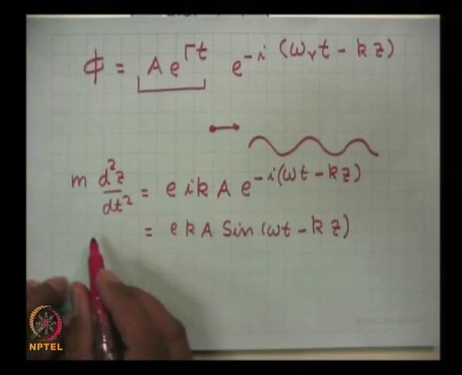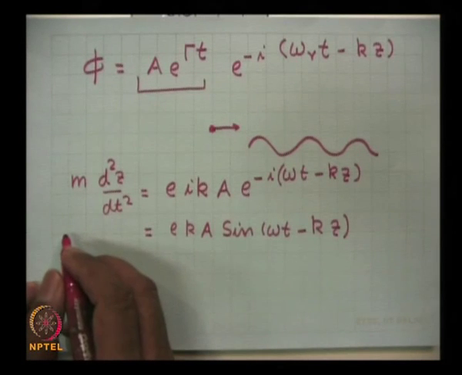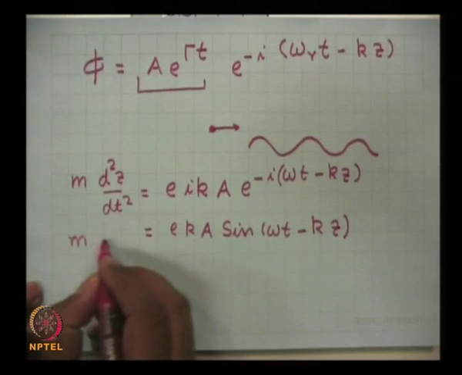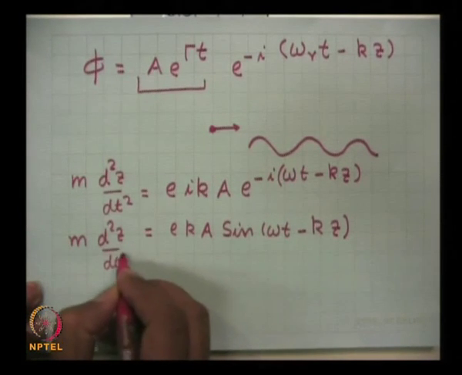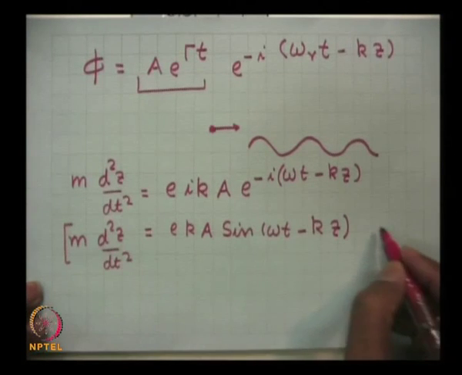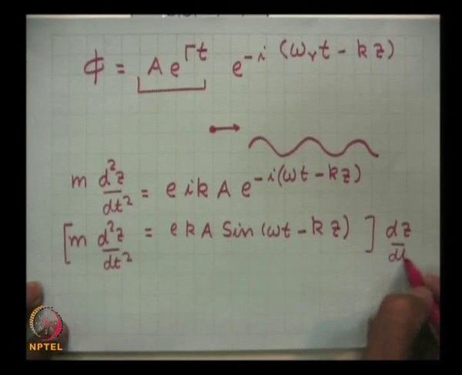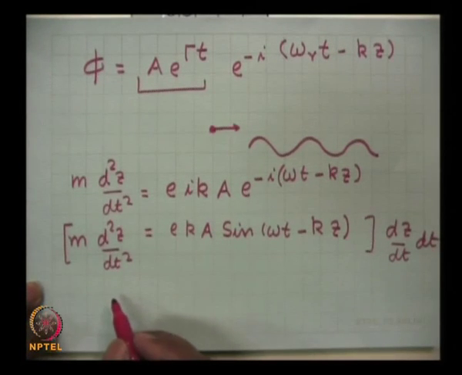If I multiply this equation now by dz by dt, so m is already there, d2z by dt square is there. I am multiplying both sides of this equation by dz by dt and integrate on time.